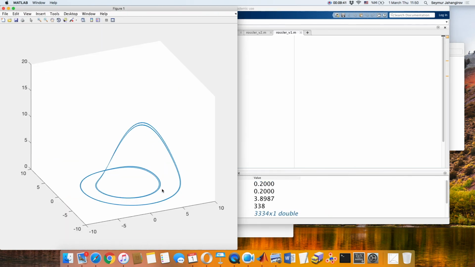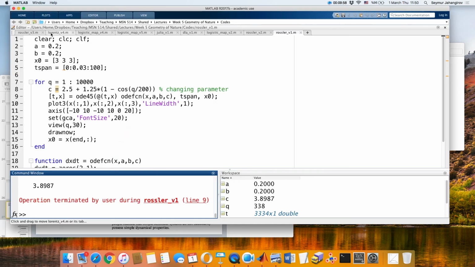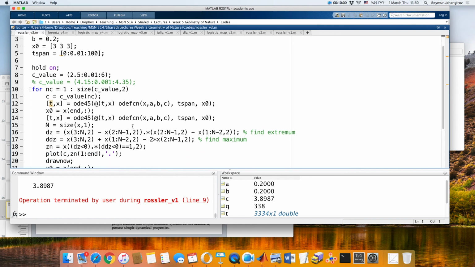Okay, so let's do the following. Let's actually use these maxima of z. Do you remember Lorenz took the maxima of z and he had a map, right? This is what this program is doing.